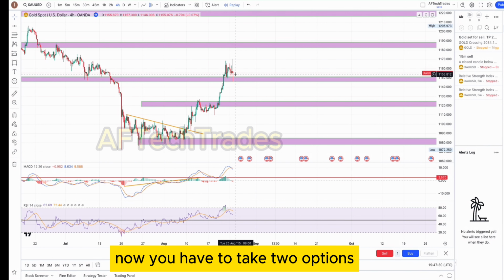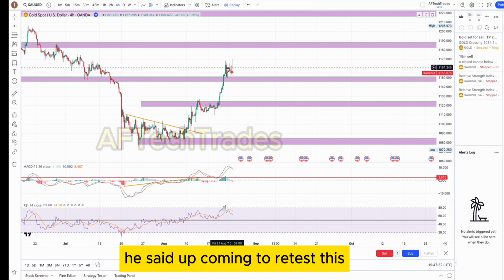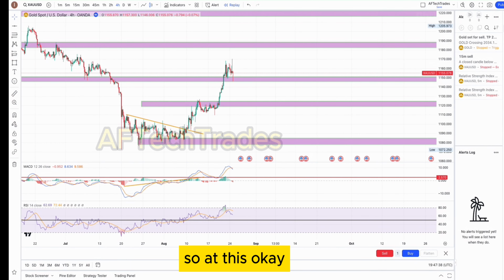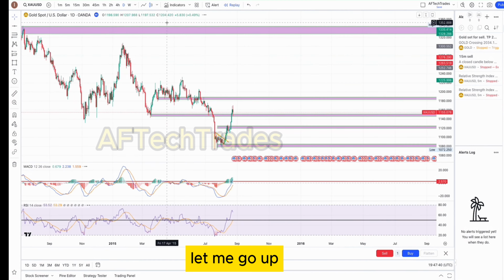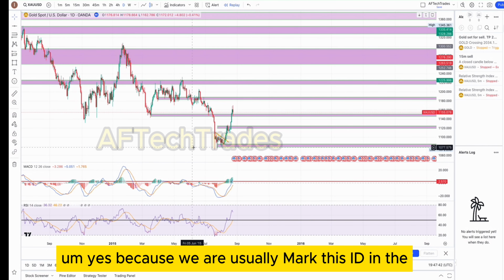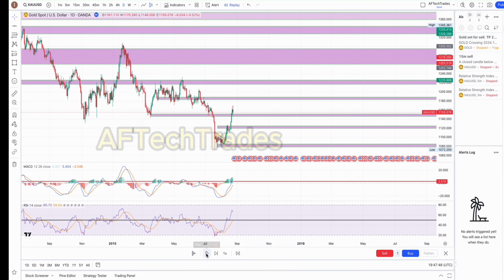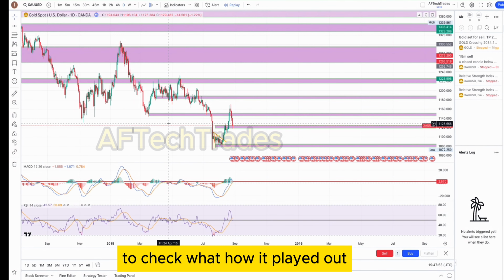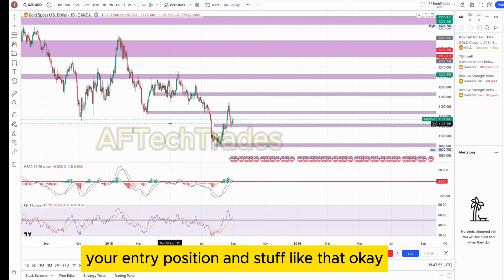Breaking through this, now you have two options. It's either coming to retest this, break it down, and go up. So at this, I'm in the 4 hour zone. Let me go up. Yes, because you usually mark this in the higher time frame, and then you go to the lower time frame to check how it played out, your entry position and stuff like that.